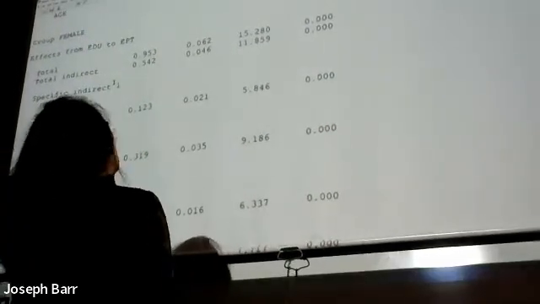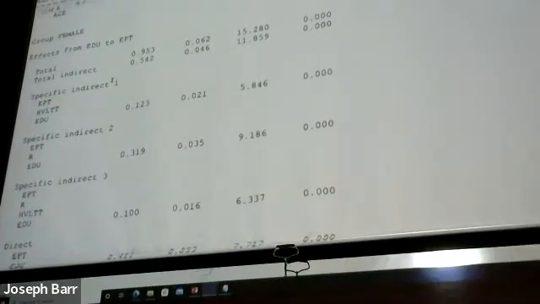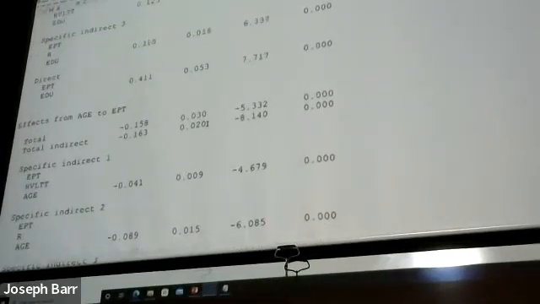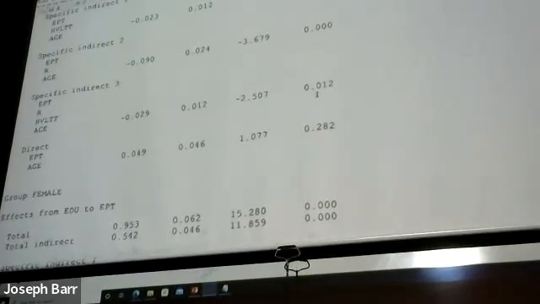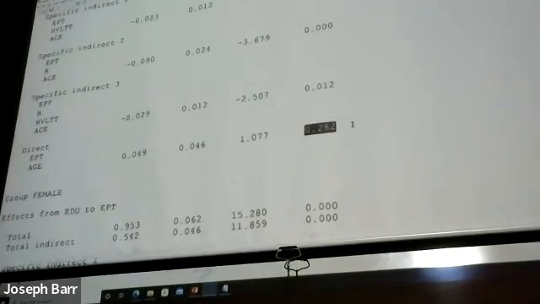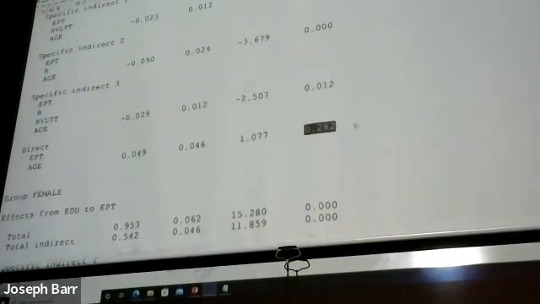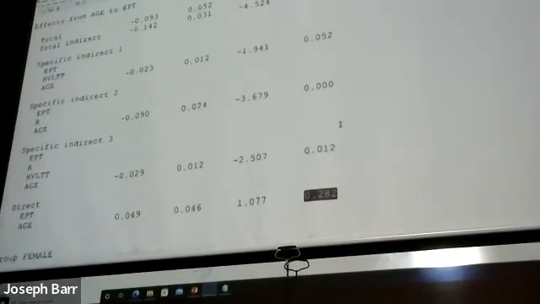These are significant. Which one is not significant? Okay, so let's see. All of these are significant. This one is not. So this one is not significant: from age to EPT for male group.